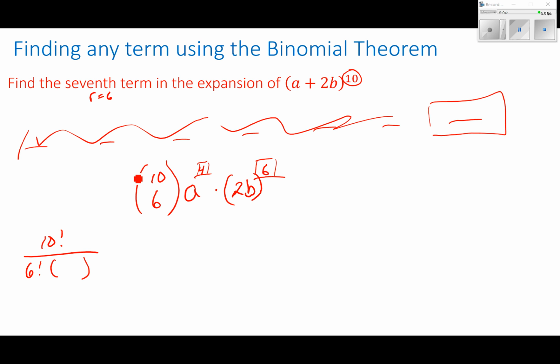Remember, this is my n, and this is my r, so 10 minus 6 factorial. So this is 10 factorial all over 6 factorial times 4 factorial.